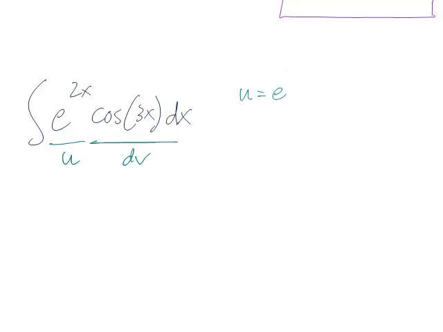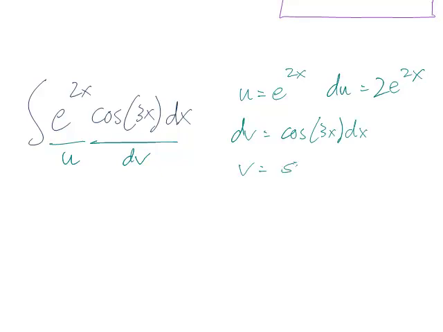So if u is e to the 2x, once again, du is 2e to the 2x. dv is cosine 3x dx, and so v is going to be sine 3x over 3, no dx.